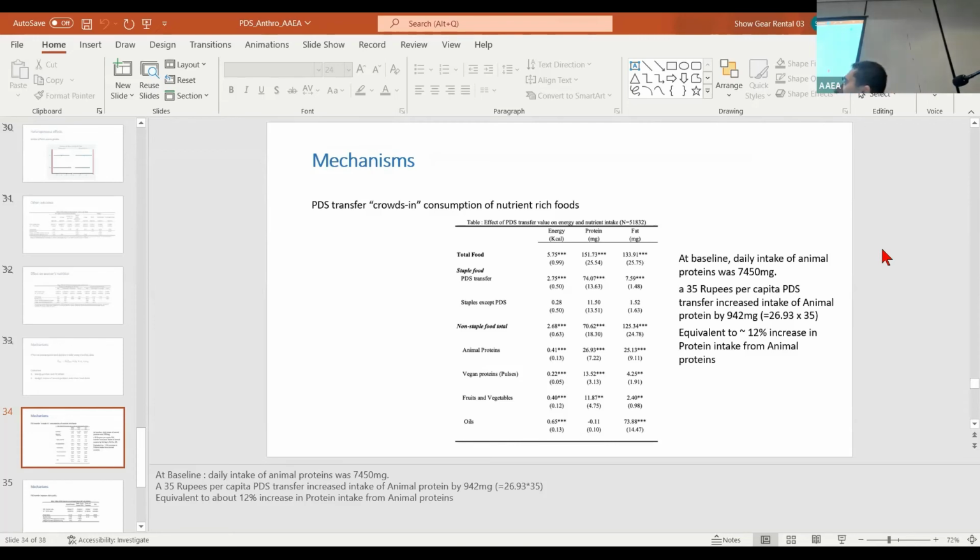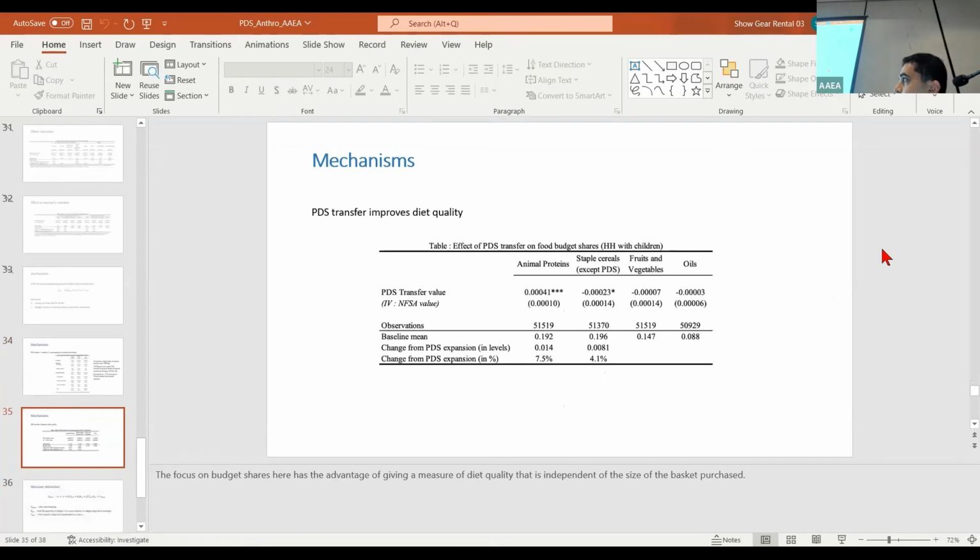That's why we find that it improves non-staple food consumption, particularly animal proteins. For instance, a transfer of 35 rupees increases animal protein by around 1 gram approximately, which is about a 12% increase from baseline.